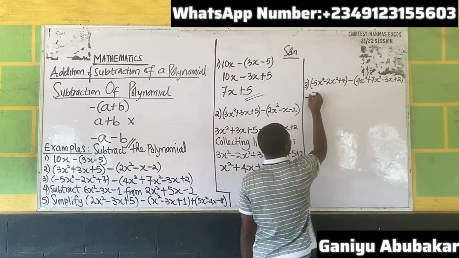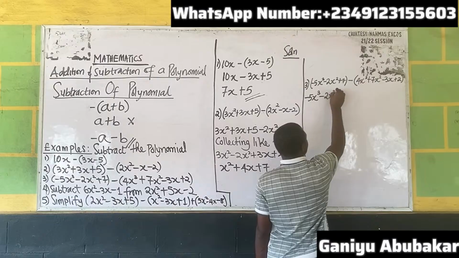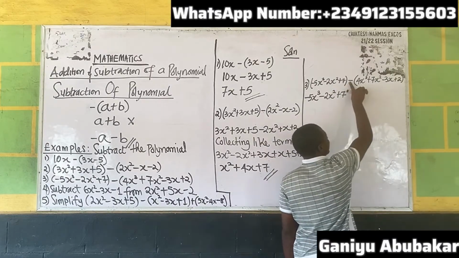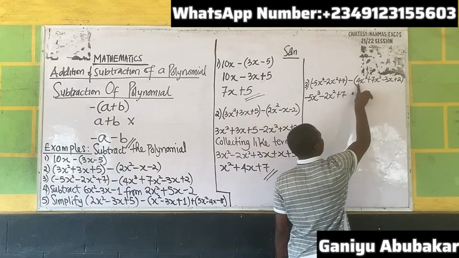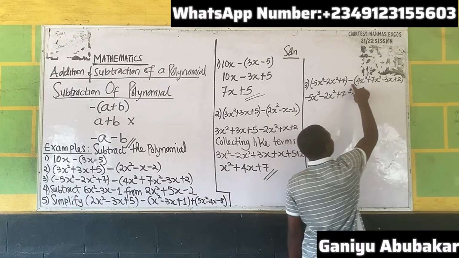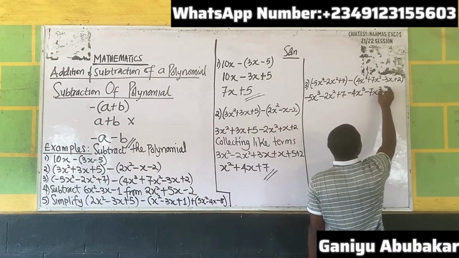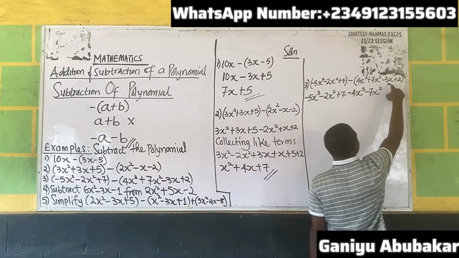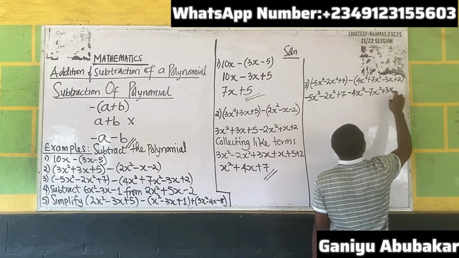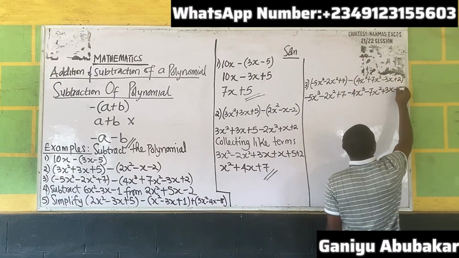It means I'll have minus 5x cubed and open a bracket minus 2x squared plus 7. But if it's a negative sign starting a bracket, use the negative sign to expand through. Negative times 4x cubed gives you negative 4x cubed. Negative times positive 7x squared gives you negative 7x squared. Negative times negative 3x gives you positive 3x. Minus times plus 2 gives you minus 2.